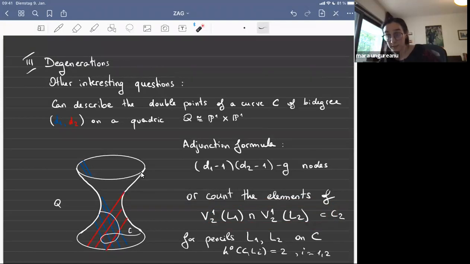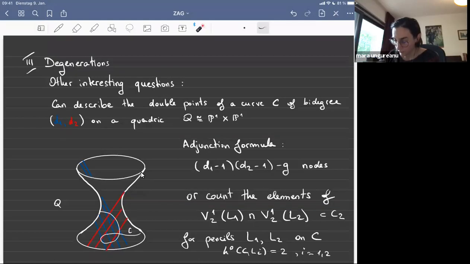And first of all, note that this actually makes sense, because if you do the computation, the expected dimension of this is equal to 1, and this expected dimension is also equal to 1. So of course, if you intersect two things of dimension 1 inside something of dimension 2, and you hope for the best that the intersection is transverse and so on, you expect a finite number of points in the intersection. So at least the problem is well set up.